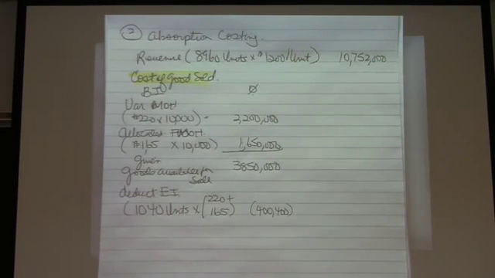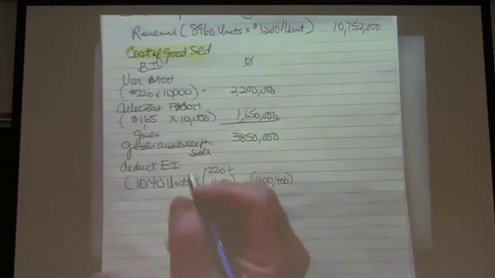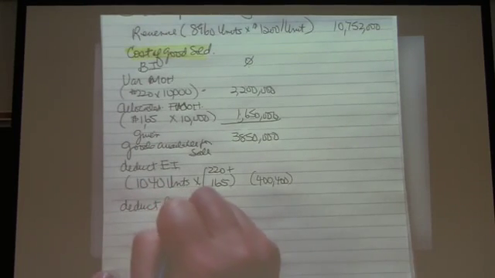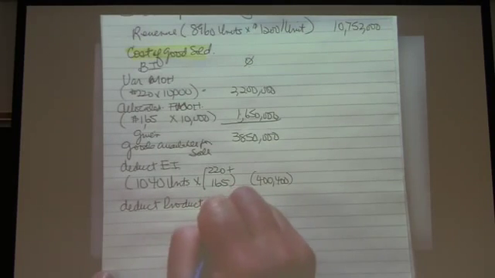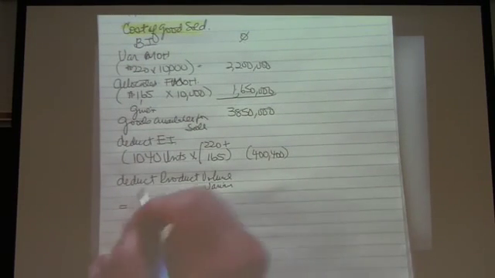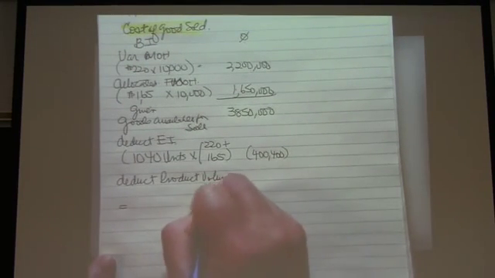Now, because we were told that the product volume variance is written off to the cost of goods sold, we need to calculate the product volume variance. How do we calculate that? Let's call it PVV.